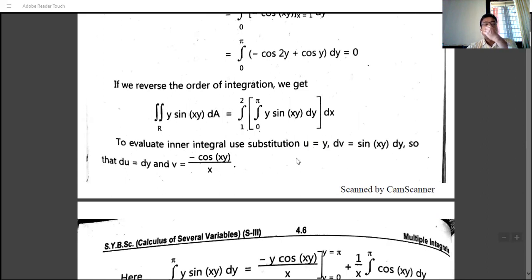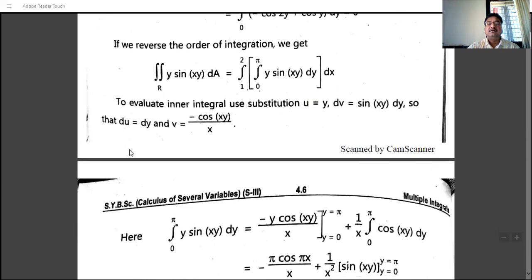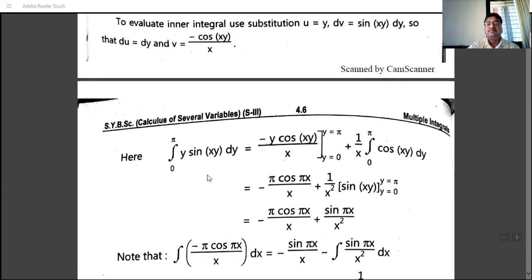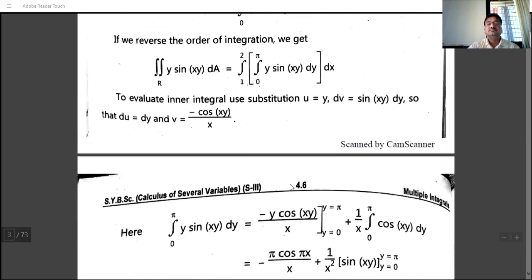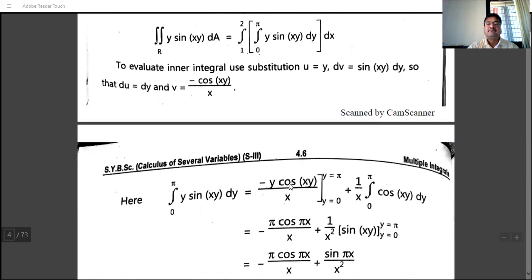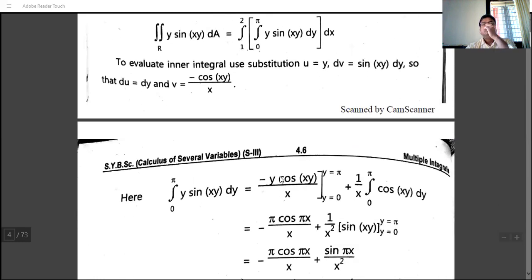Here we take u as y, dv as sine xy dy. So we get du equal to dy. Integration by substitution.